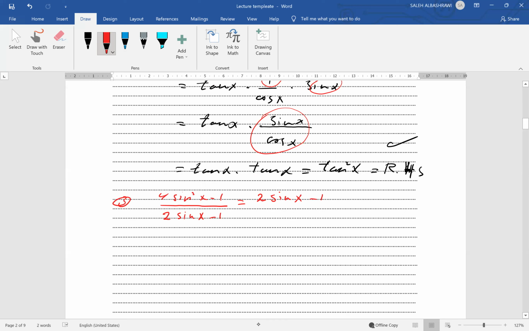This is the plus down. So I need to show that 4 sine square x minus 1 divided by 2 sine x plus 1 equal to 2 sine x minus 1.